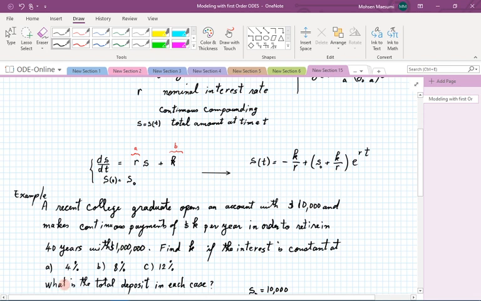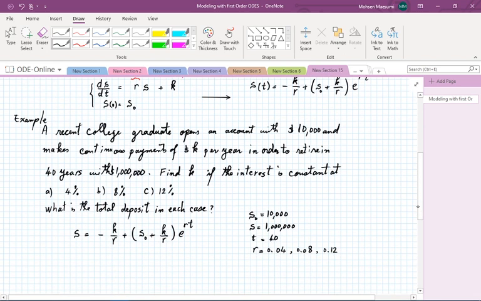The question is, what's the amount of deposit in each case? Instead of total deposit, let me correct this: what's the yearly deposit? And then also we might ask what was the total deposit. Let's just separate the two questions.